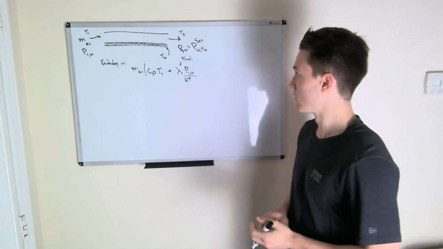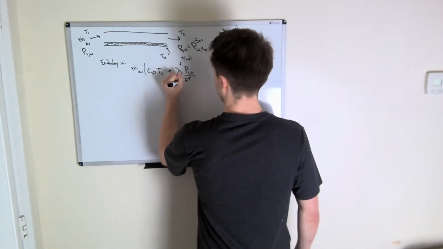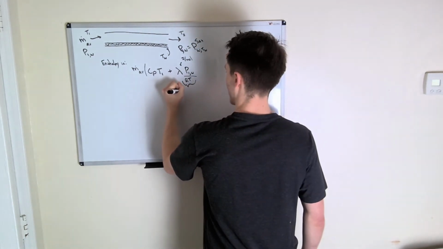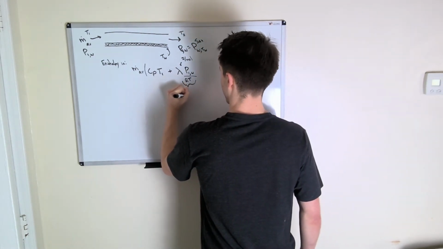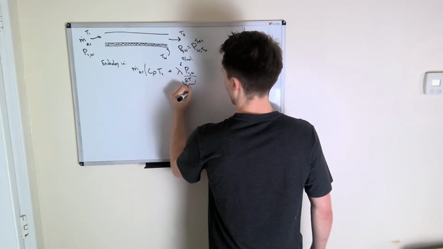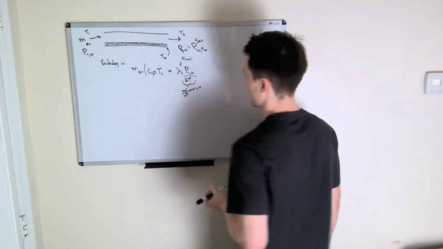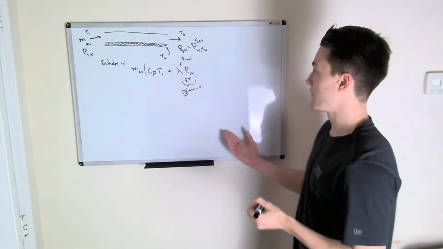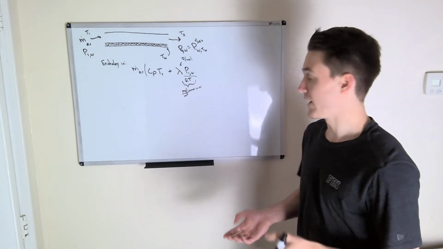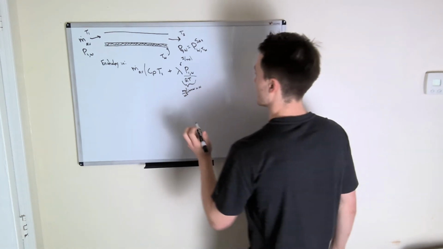So what this right here gives us is moles per meters cubed, but it's moles of water vapor in air per meters cubed. So now we want to multiply that by moles of air and water vapor over our meters cubed.